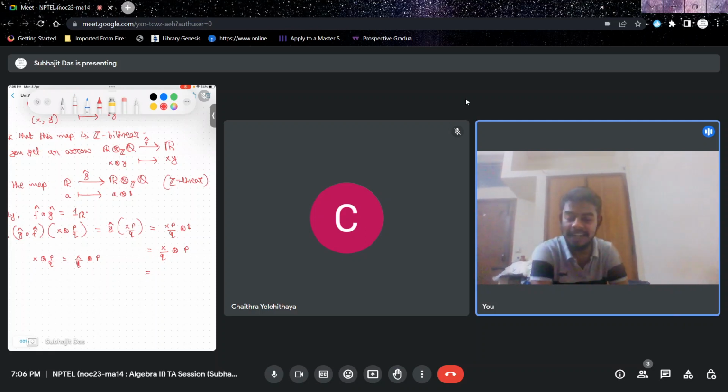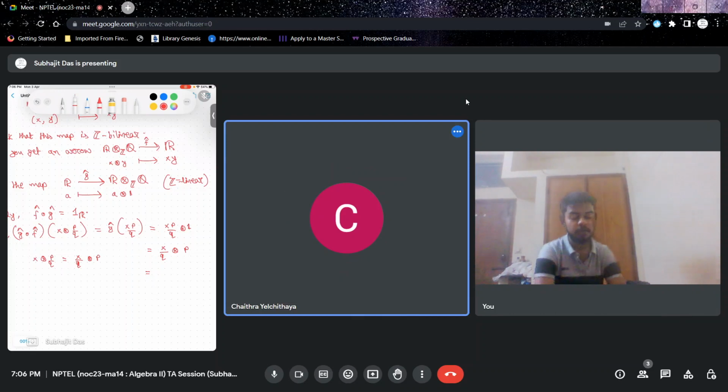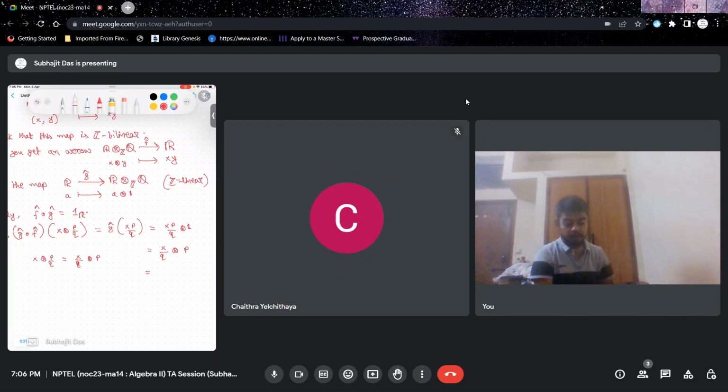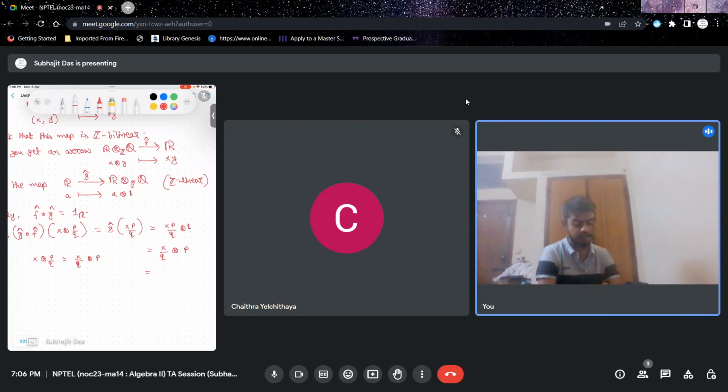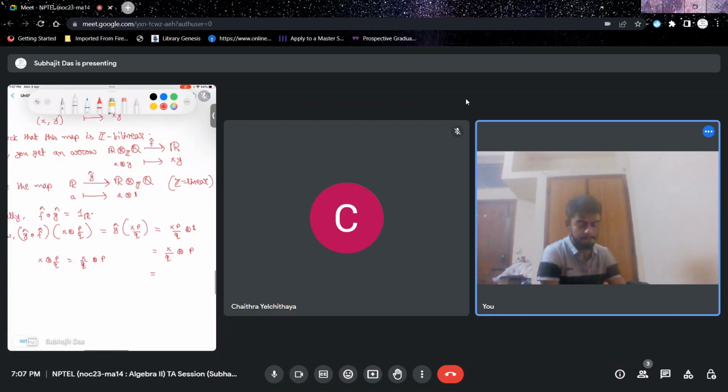Have you studied flat modules, by the way? Was it covered? Okay, fine. So why is x tensored with P over Q equal to this? Certainly we can't take x to that side.